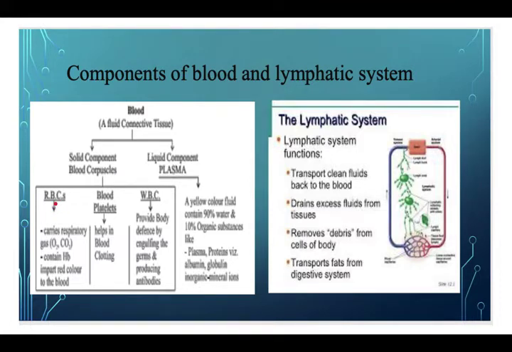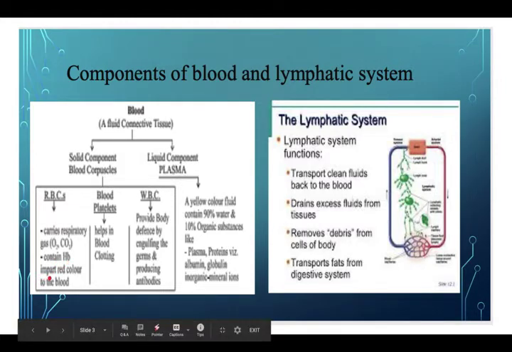One is RBCs, red blood corpuscles, and they carry respiratory gases like oxygen and carbon dioxide all around the body. It contains Hb, hemoglobin, which is a respiratory pigment that gives the red color to our blood as well as acting as an oxygen carrier.